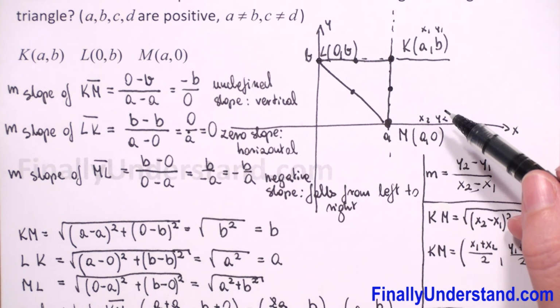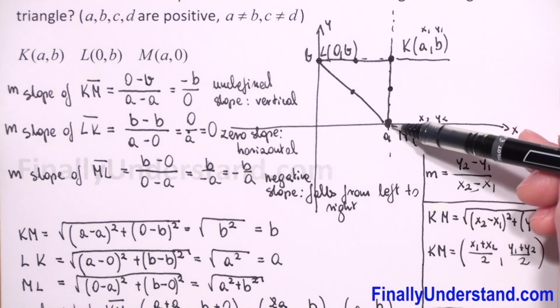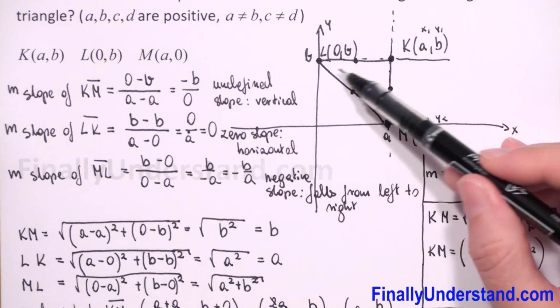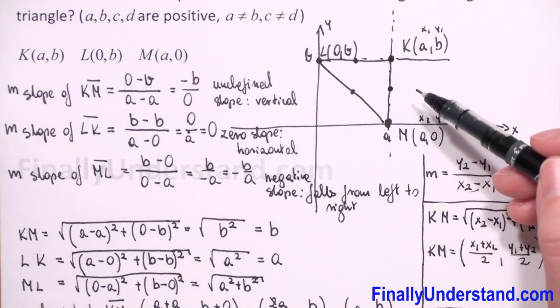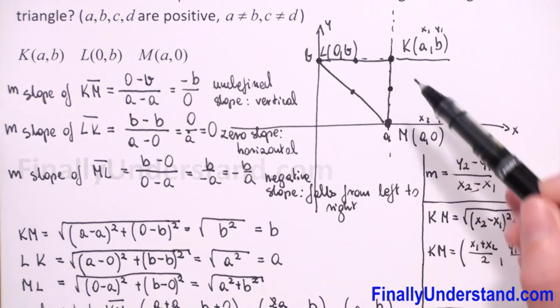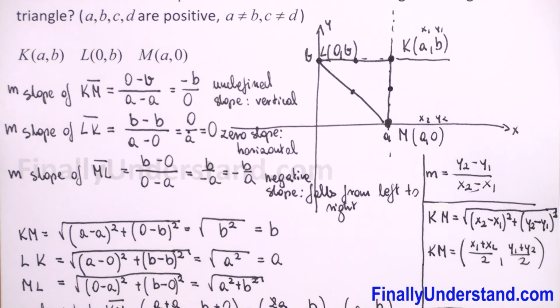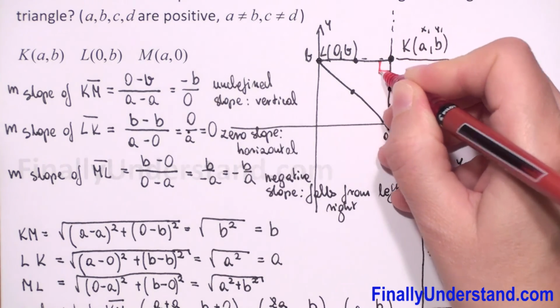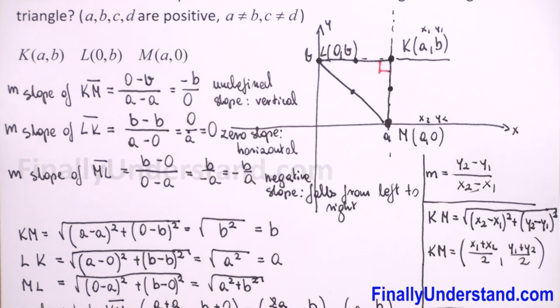It means that KM segment is perpendicular to LK. So we have here a right angle. So this triangle is a right triangle.